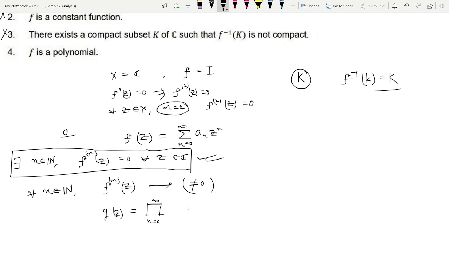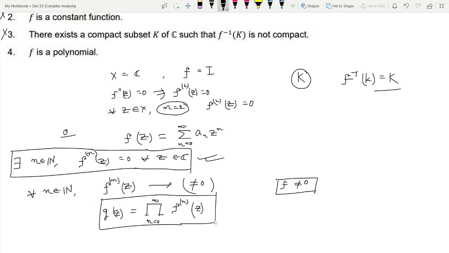Clearly when n equal to 0, this is actually f(z). We assume that f is not identically 0, because if f is identically 0, then it is also a polynomial, the zero polynomial, and then option 4 will be true. So we assume that f is not identically 0, and then consider this product of such f^(n)(z).